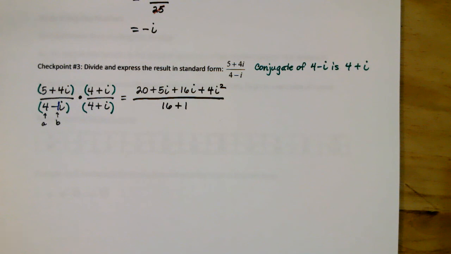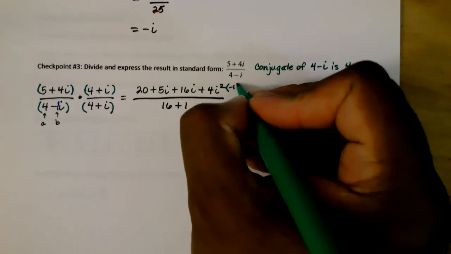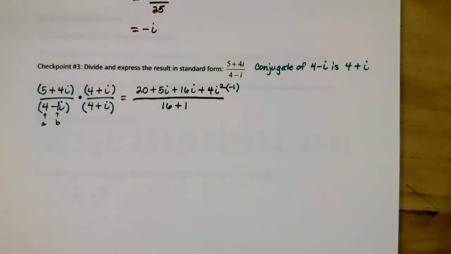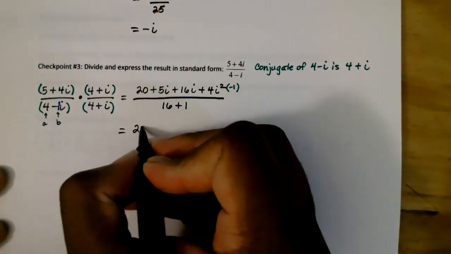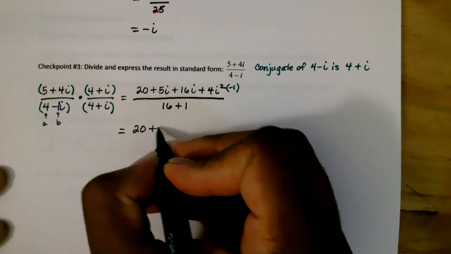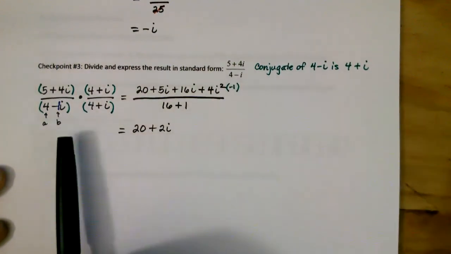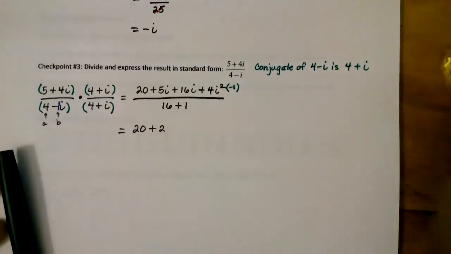Okay, so now let's combine like terms in the numerator. That i squared is negative 1, by the way. So I'm going to bring down 20 and add 5i plus 16i. That would be a plus 21i. Oops, not 2i, 21i.